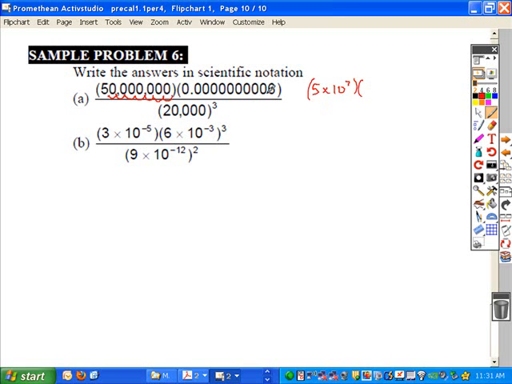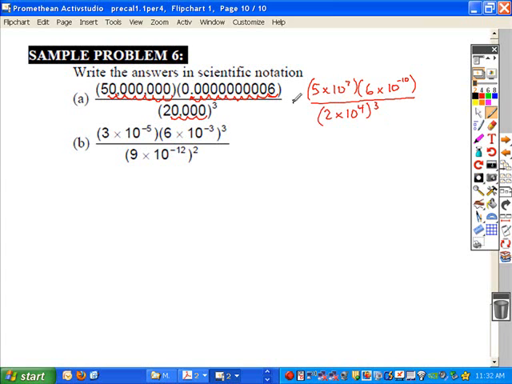And then this second number, we only have one digit after all the zeros. How many places would we move the decimal here? 1, 2, 3, 4, 5, 6, 7, 8, 9, 10. So 10 in the negative direction. And that's all divided by, if we take just 20,000, we have one digit in front, 2 times 10 to the 1, 2, 3, 4. And that whole thing is cubed.